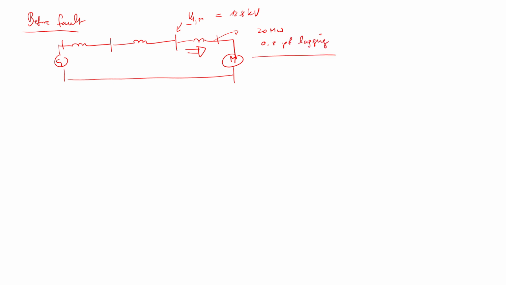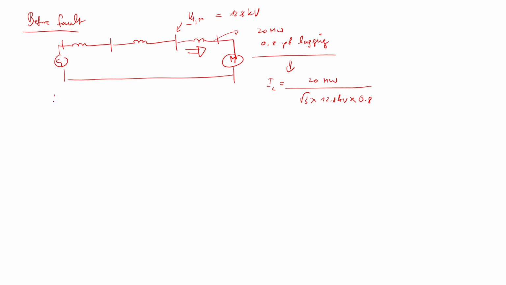All right, the 0.8 PF lagging, the voltage at this much. So what you would do is that P, V, power factor, so you could find the line current, which is 20 megawatt divided by root 3 times V line, 12.8 kV times power factor, which is 0.8, right?